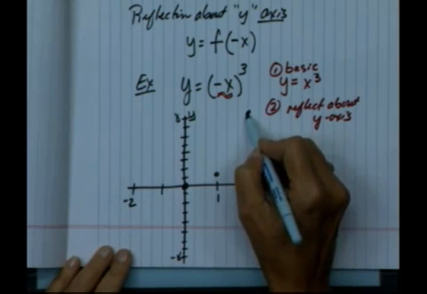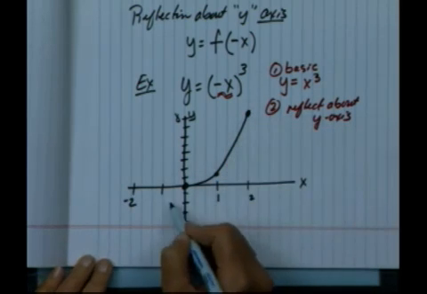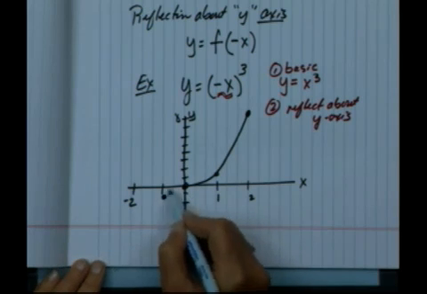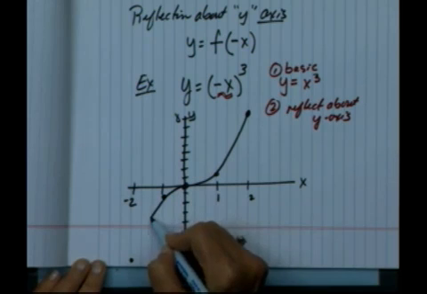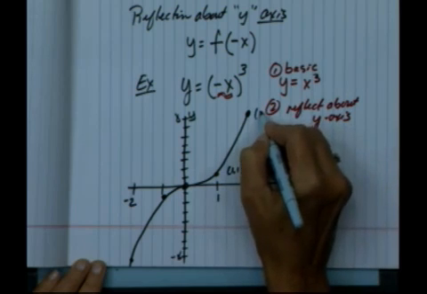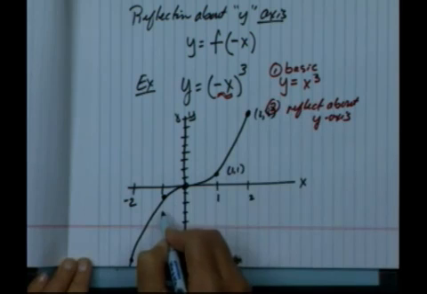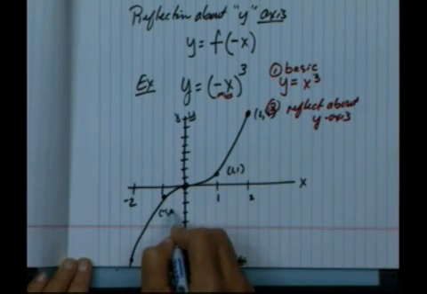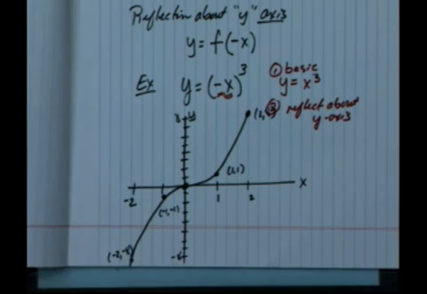So we'll have a better picture of what it looks like. And negative 1, negative 1, negative 2, negative 8, like this. So that's 1, 1, 2, 8, negative 1, negative 1, negative 2, negative 8.